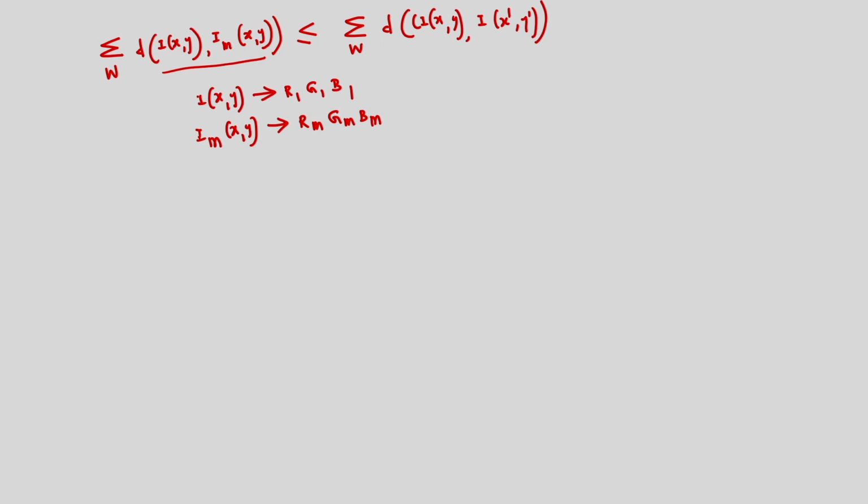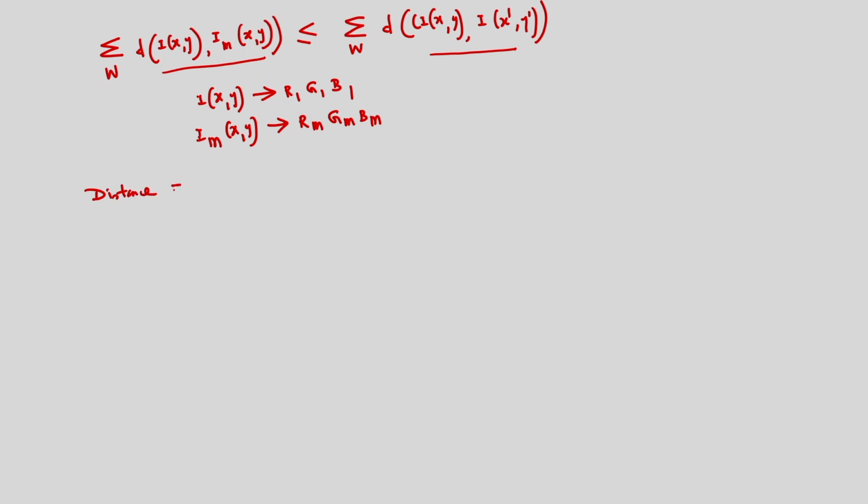Also I can determine the distance between two pixels. Distance means the distance in terms of RGB values, and the same window I am considering. Now, the distance between the pixel and the median will be less than or equal to the distance between any two pixels within this window. How to calculate the distance?